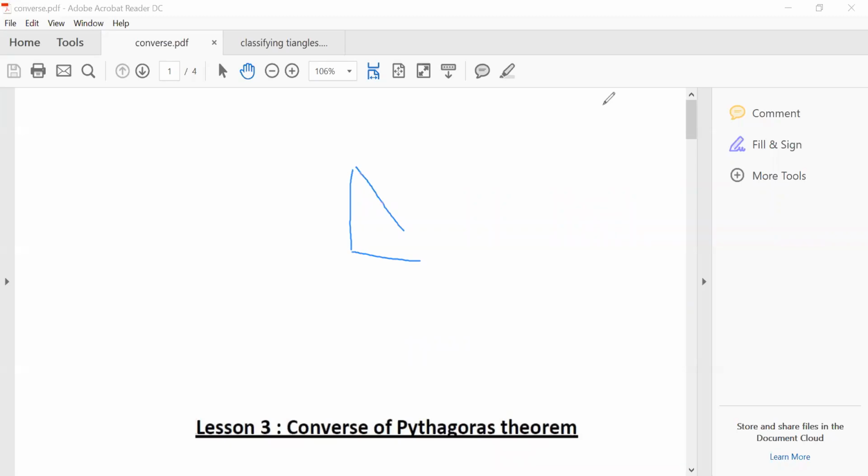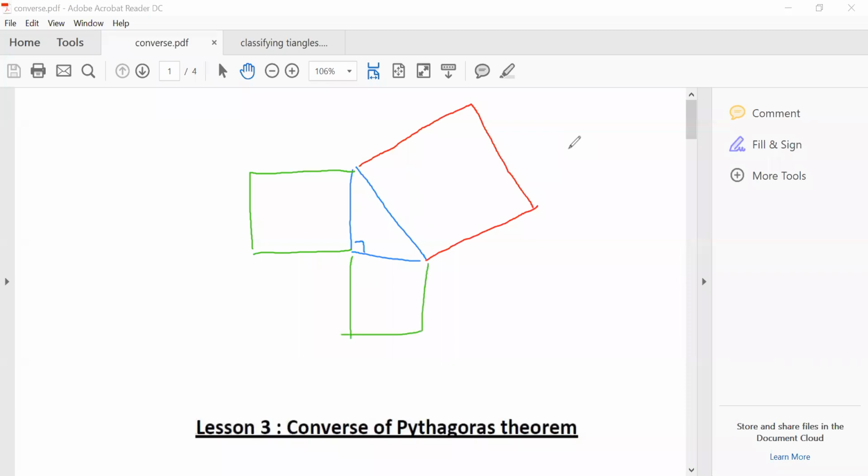Pythagoras says the area of the square drawn on the longest side of the right angle triangle, this is the longest side because this is the right angle, is equal to the sum of the two squares drawn on the other two sides. This is the main idea of the theorem.